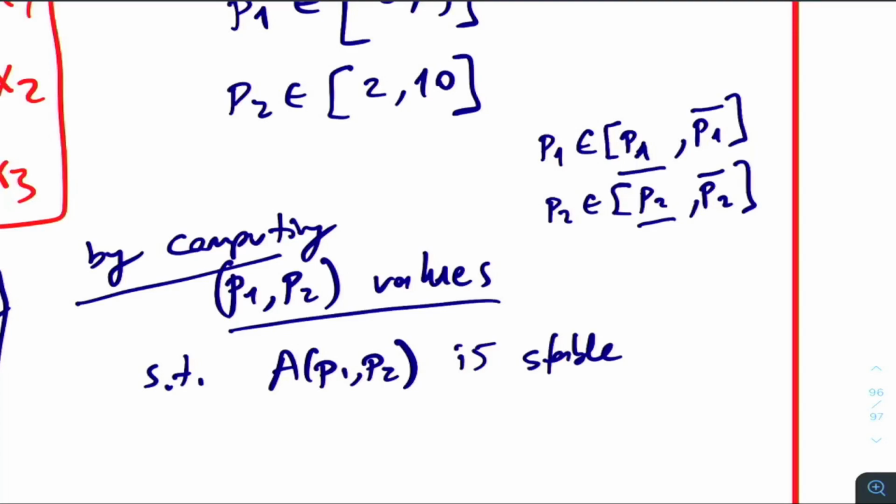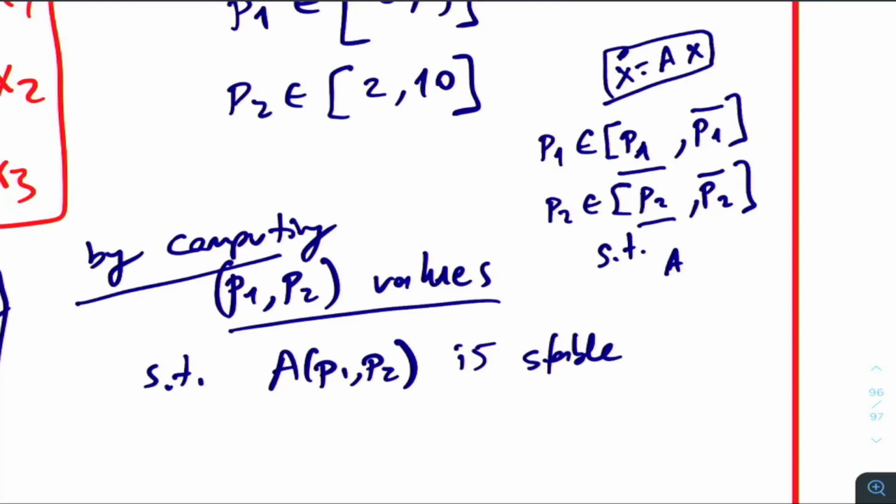And find me those values such that we have some A matrix, x dot equals A times x, and A depends on P1 and P2. We want to determine these ranges. We would like to compute those parameter ranges such that A is Hurwitz basically, right?